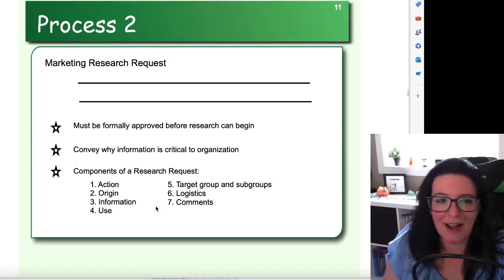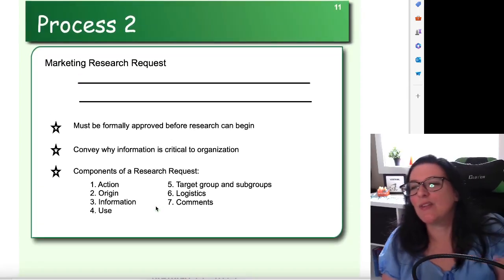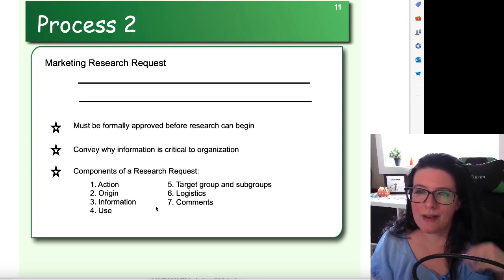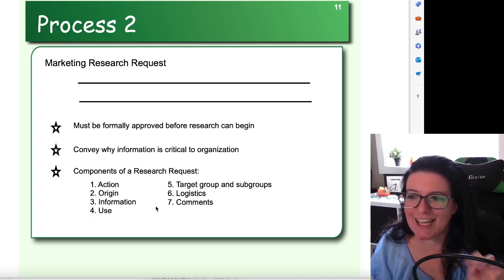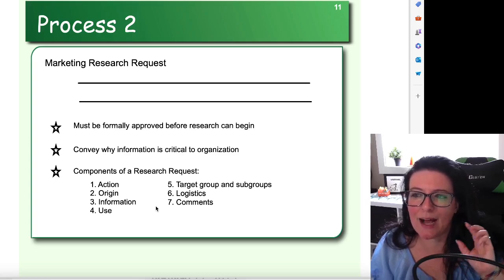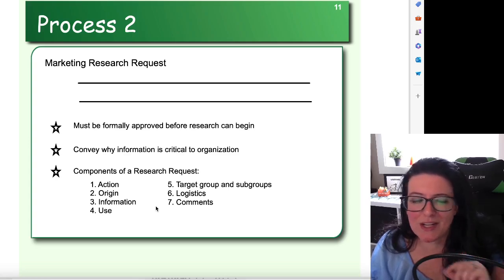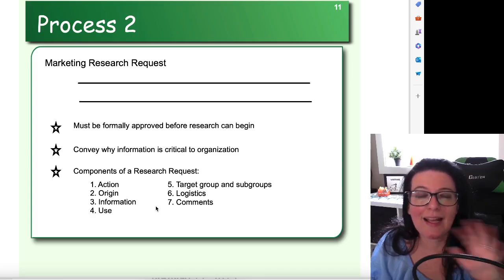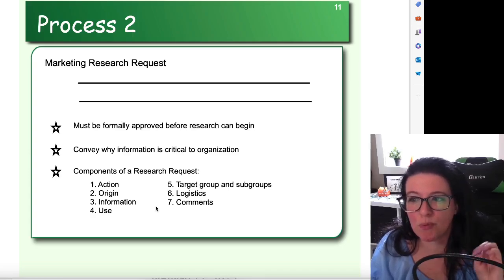All right, so let's define a research request. And again, these slides were really kind of geared for marketing research, but even if you're not focused on marketing, you work for a nonprofit, you have nothing to do with sales, maybe you are looking at your health clinic and how to improve its operations or your patient's health or your patient satisfaction, any of those might require a research project.